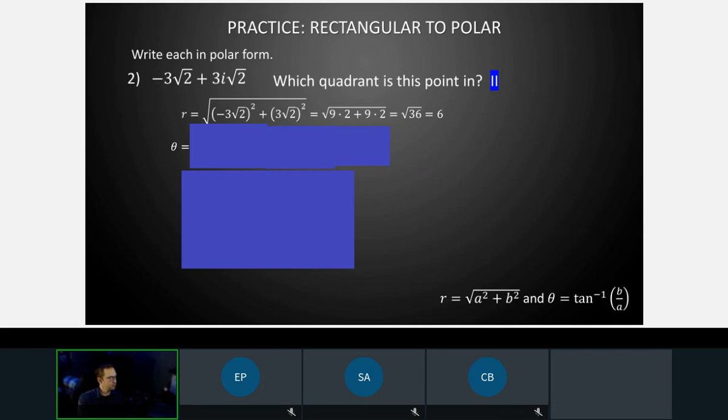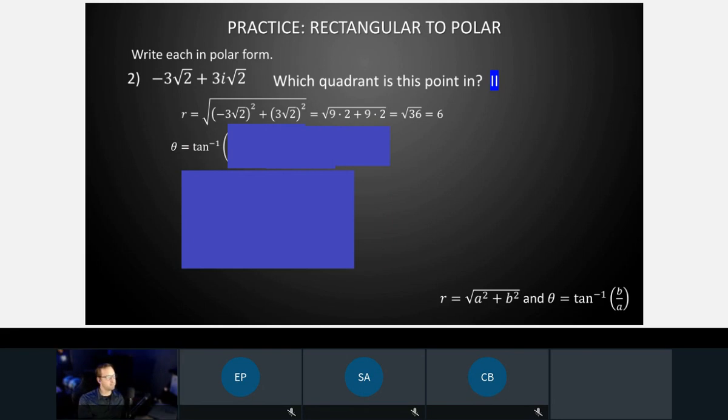All right, so the angle, the setup, you remember, is inverse tan of your B value divided by your A value. So what goes in the numerator when you do the inverse tan? What goes in the numerator? We read 2.